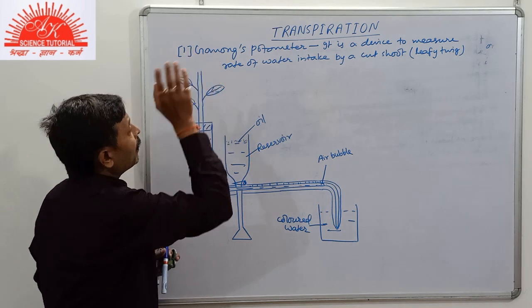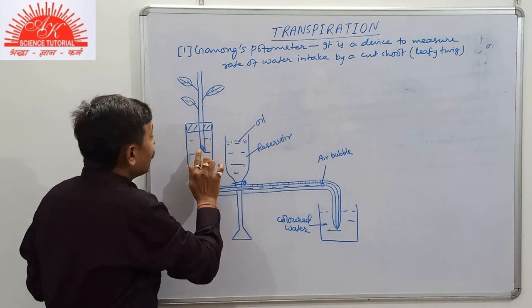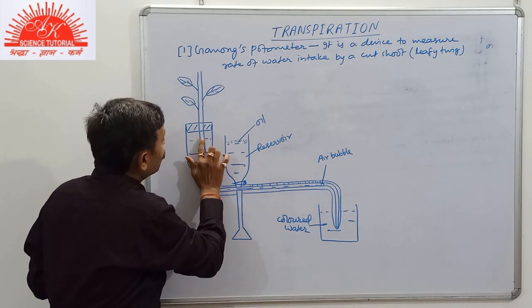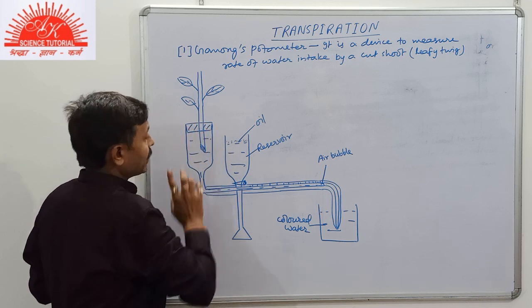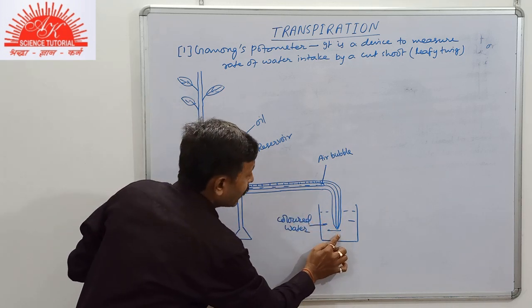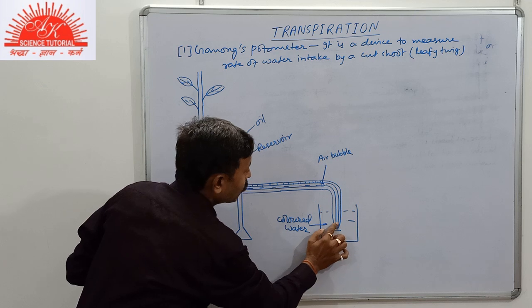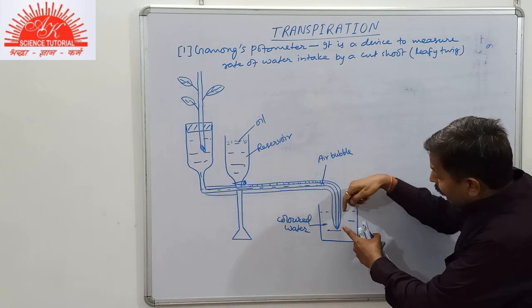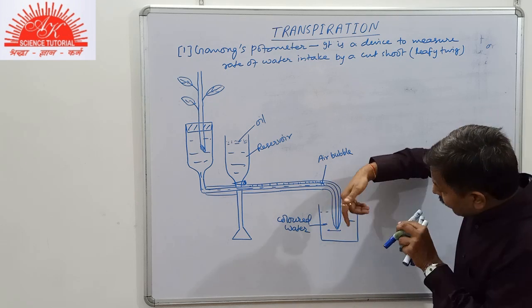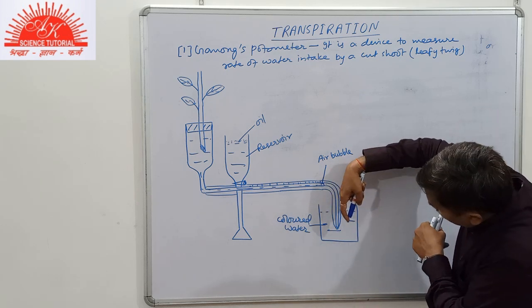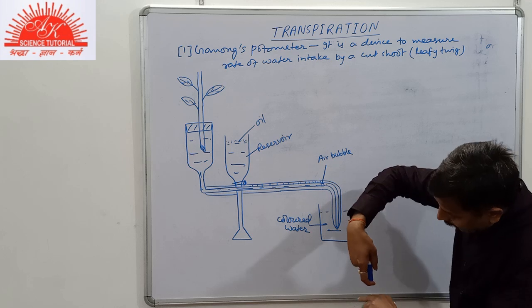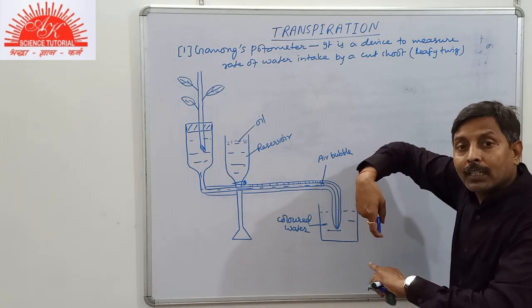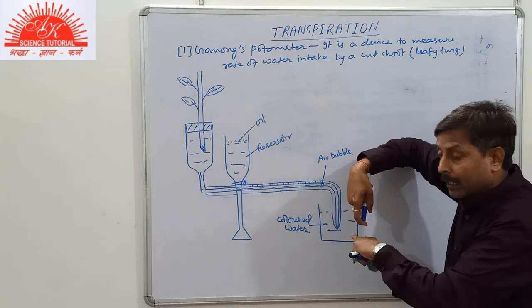When transpiration starts, water is sucked through the xylem vessel, and in turn colored water will start to rise up in this tube. Then we close the lower end of this tube like this, and gently lift it above the surface of water in the beaker.